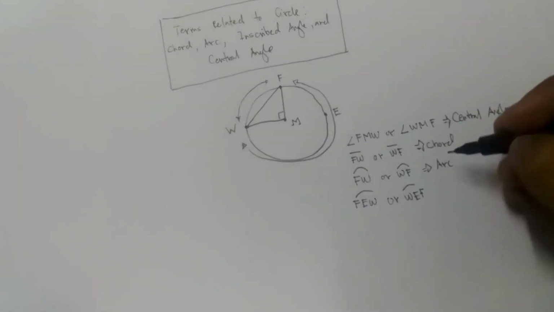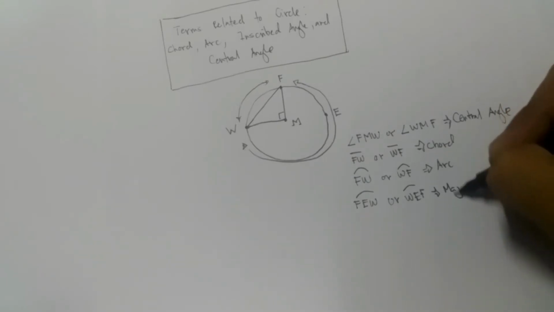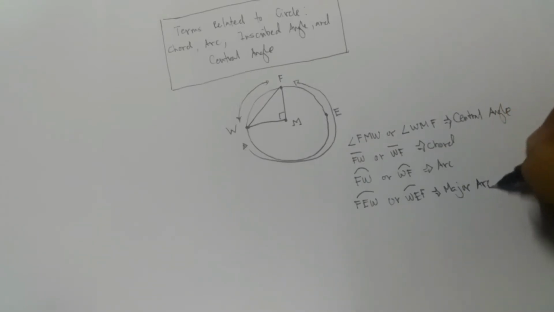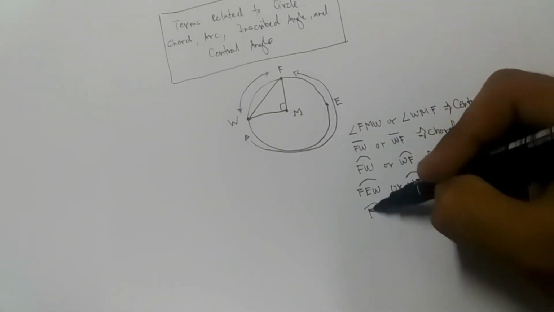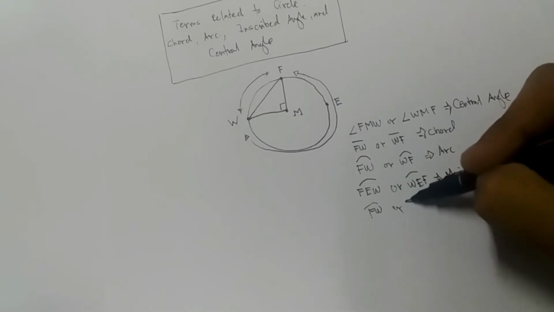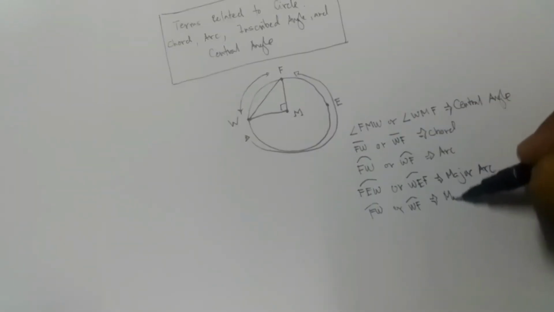We call this our arc, particularly the major arc. And we can also say that arc FW or arc WF is the minor arc.